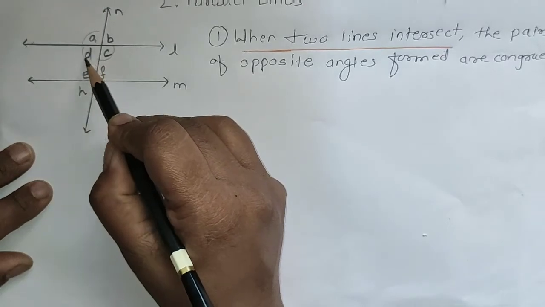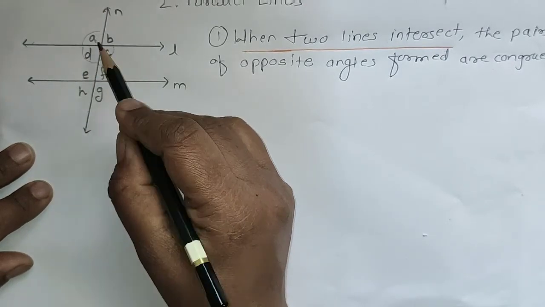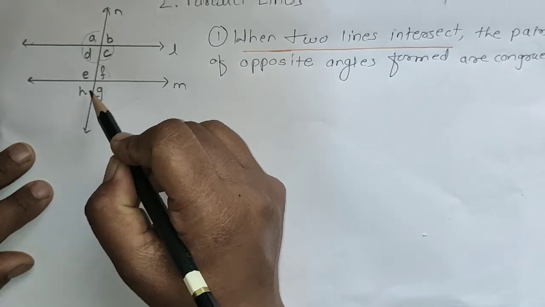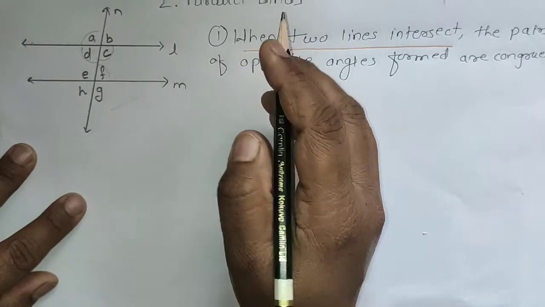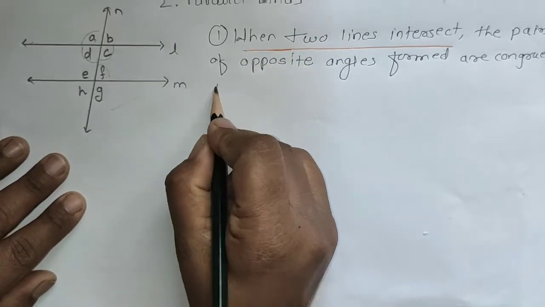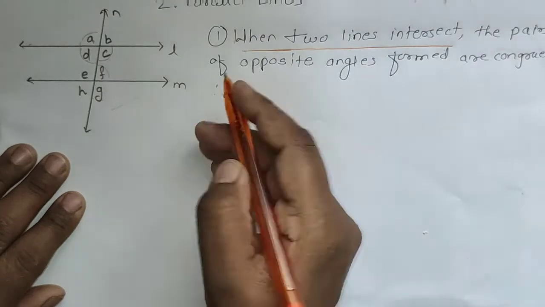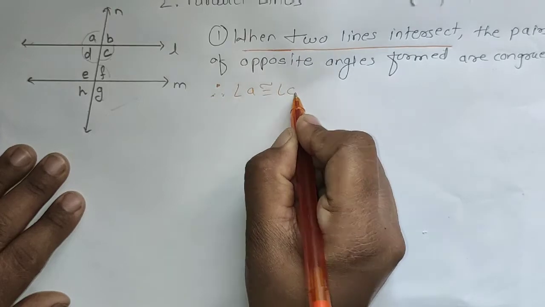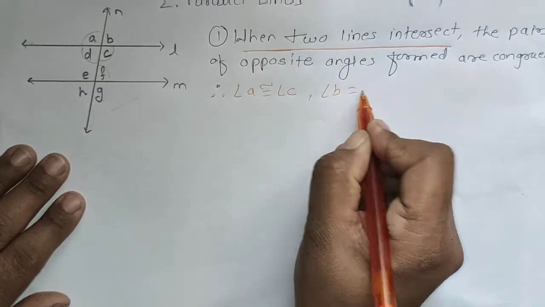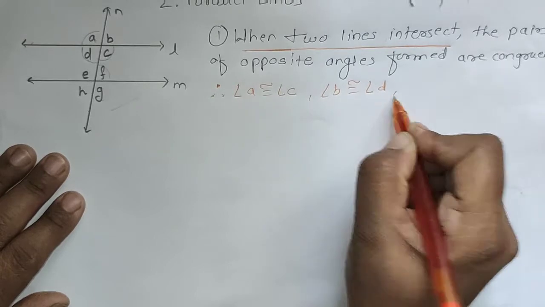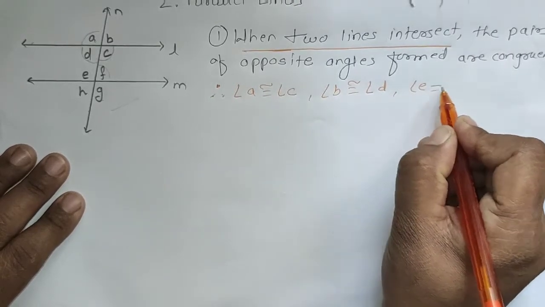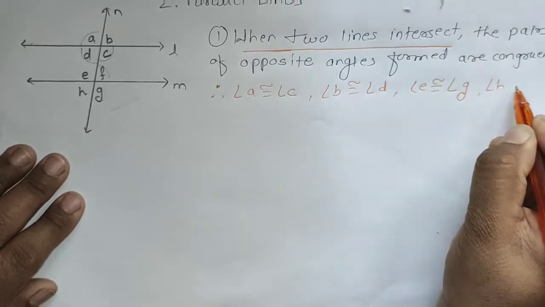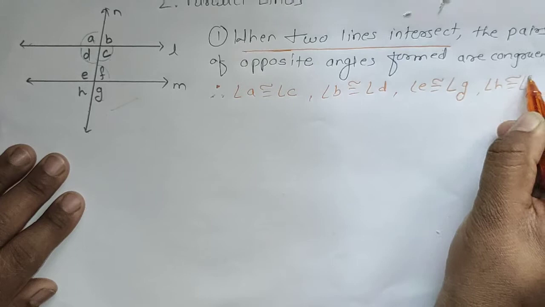So A, C, B, D, E, G, F, H, these are the opposite angles. Therefore angle A is congruent to angle C, angle B is congruent to angle D, angle E is congruent to angle G, and angle H is congruent to angle F.